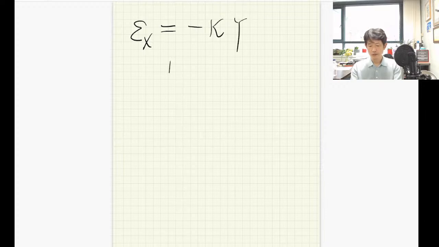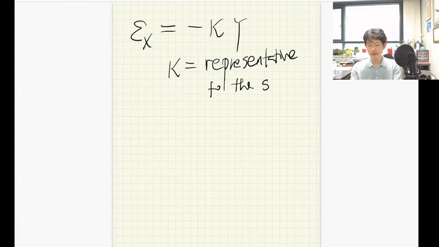Make sure the curvature is a representative value for the cross section. For the section, the curvature is the same because it is measured at the point of the neutral axis.